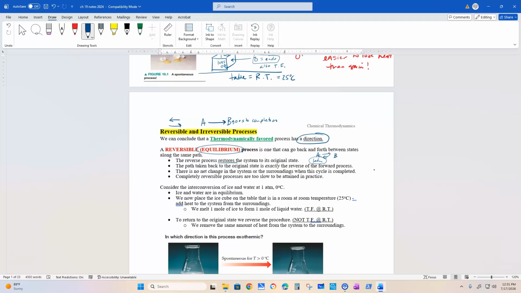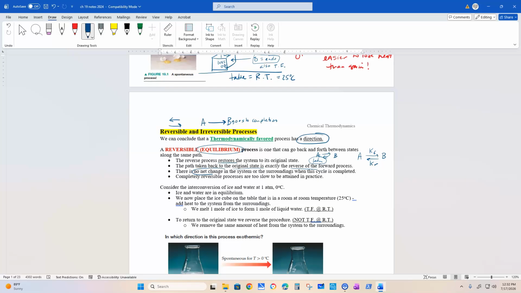The path taken to the original is exactly the same path as the reverse. So back in chapter 14, when we talked about like K forward versus K reverse, it's going to be the same rate. Okay, they both went on the same path.